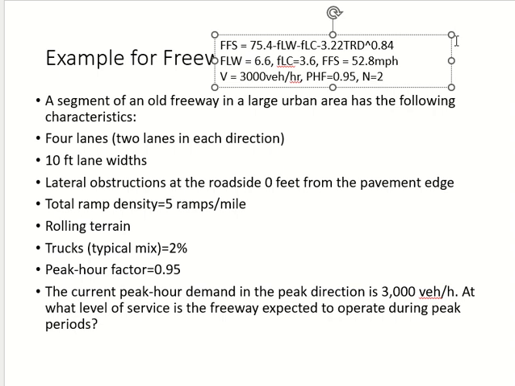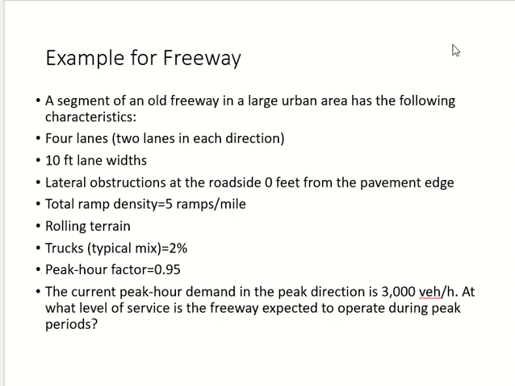Now for FHV, I must know the terrain condition. What's the terrain given here? Rolling terrain. Okay. And I must know the percentage of heavy vehicles as well. This is given as 2%. Okay. Now this is mentioned here: typical mix.